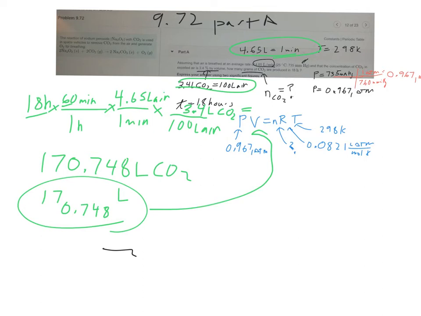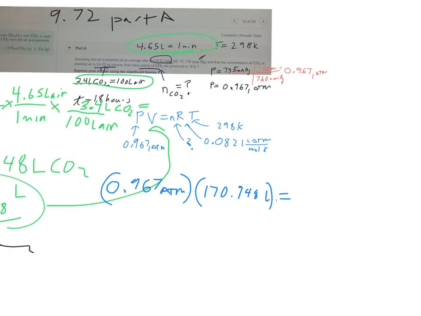I'm going to go back to my PV equals nRT now. 0.967 ATM times 170.748 liters equals the number of moles of carbon dioxide times 0.0821, and I'm going to omit the units on my gas constant because I'm running out of screen, times 298 Kelvin.